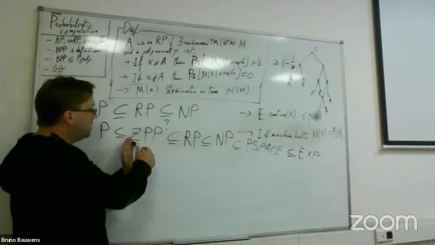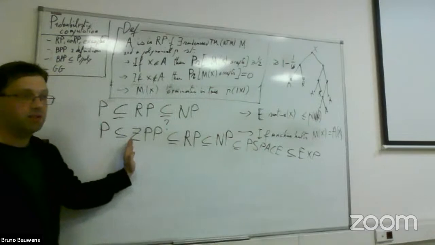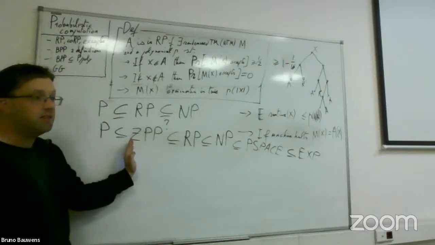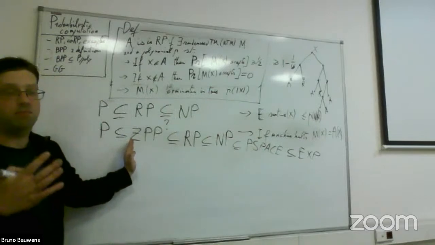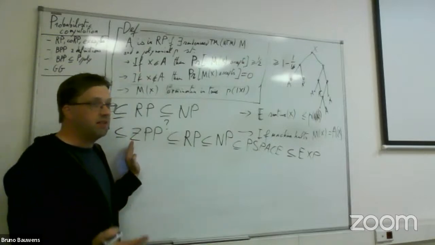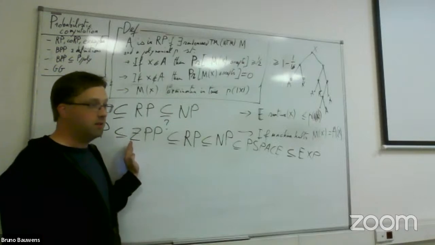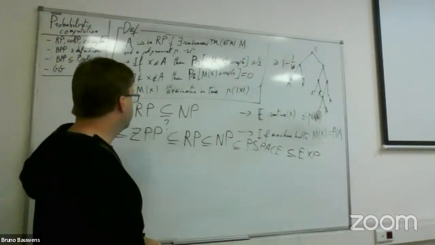But it's possible that ZPP is equal to EXP. Maybe no serious people believe this, but it's consistent with everything we know and cannot be ruled out. ZPP versus EXP.